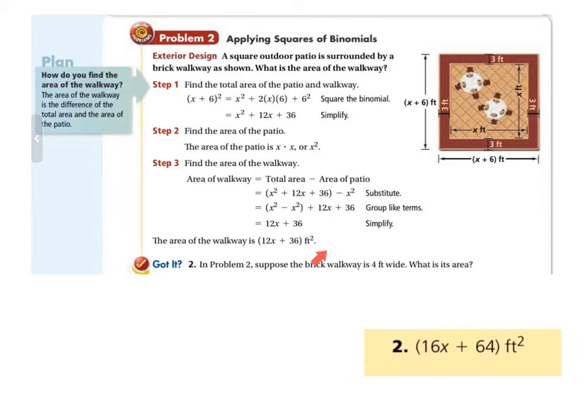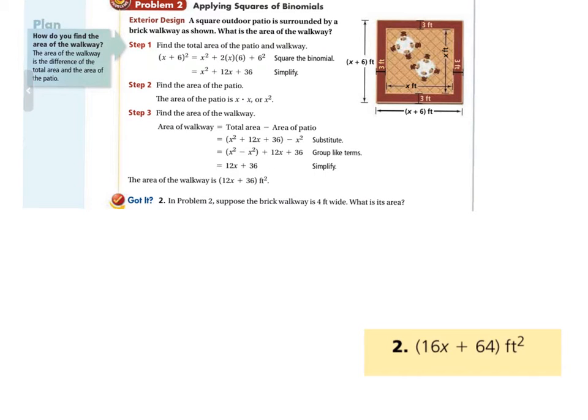Again, I know weird algebra problems, so if I say it's 1 foot, 1 by 1 or whatever, I don't know, 30 by 30, it automatically fits right in there. So, in problem 2, suppose the brick walkway is 4 feet wide. What is the area? So going to be a very similar pattern here. The difference is this time the walkway is now 4 feet wide instead of 3 feet wide. So this becomes x plus 8, because 4 plus 4.